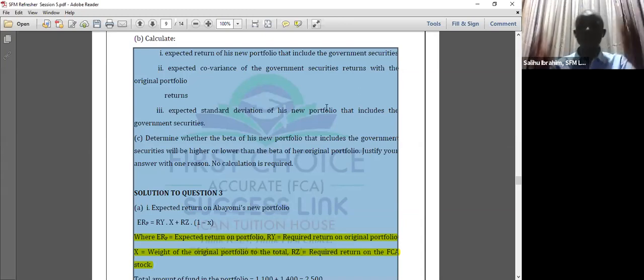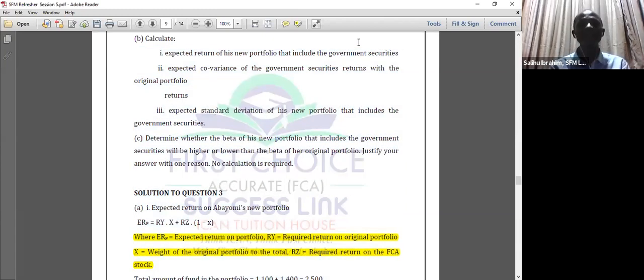Now, covariance and correlation are similar, but to some extent they are different. They are similar in the sense that both are used to measure movement of securities.